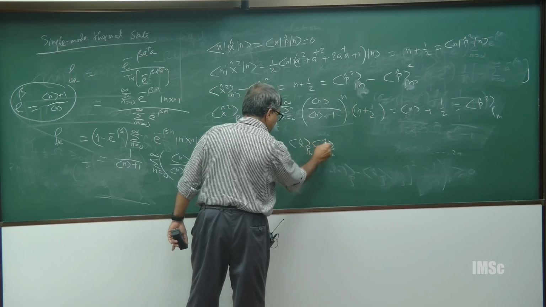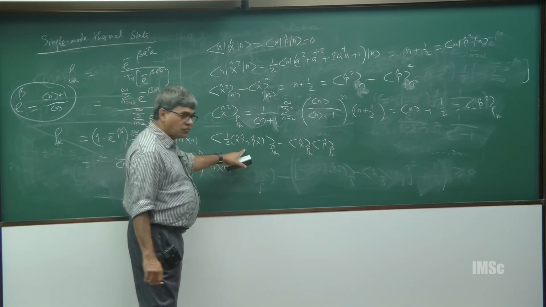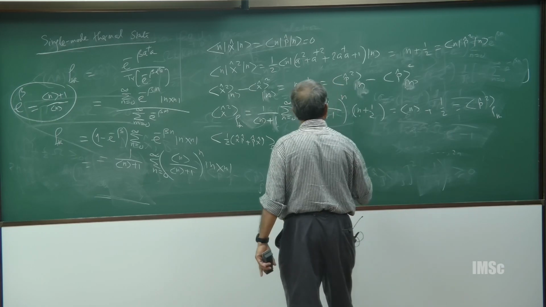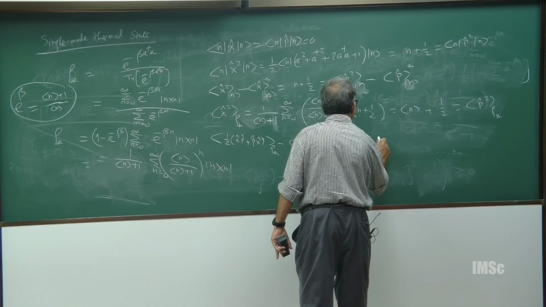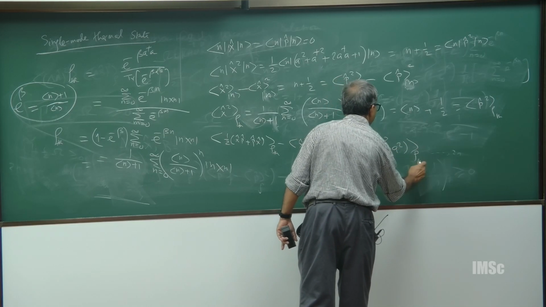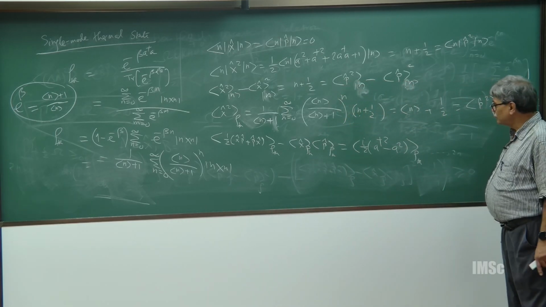Now, this anyway is 0 and 0, right. So I will have to look for this, and this is basically iota by 2 (a dagger squared minus a squared) rho thermal. Okay.